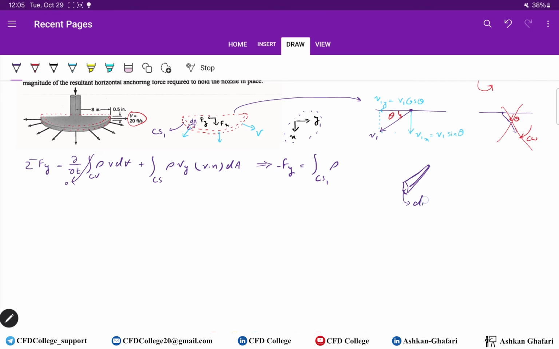This is dA, and so we want to solve it. We should actually consider this differential element, because now we have this theta, which is not constant. You will see this.